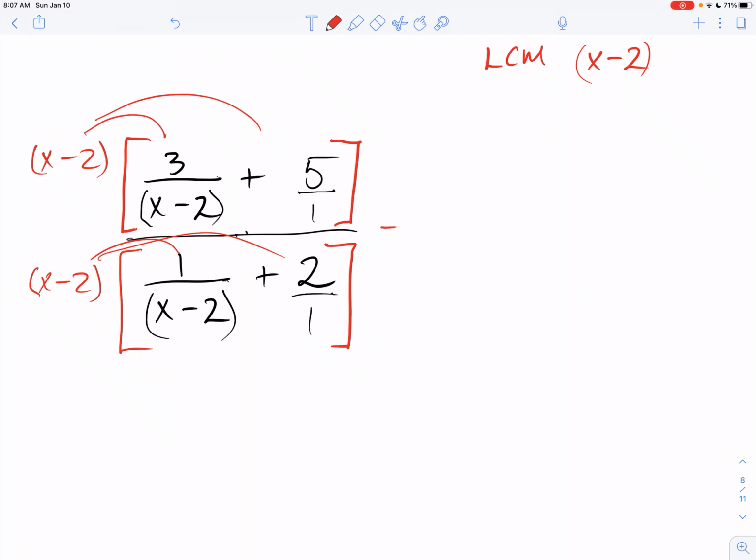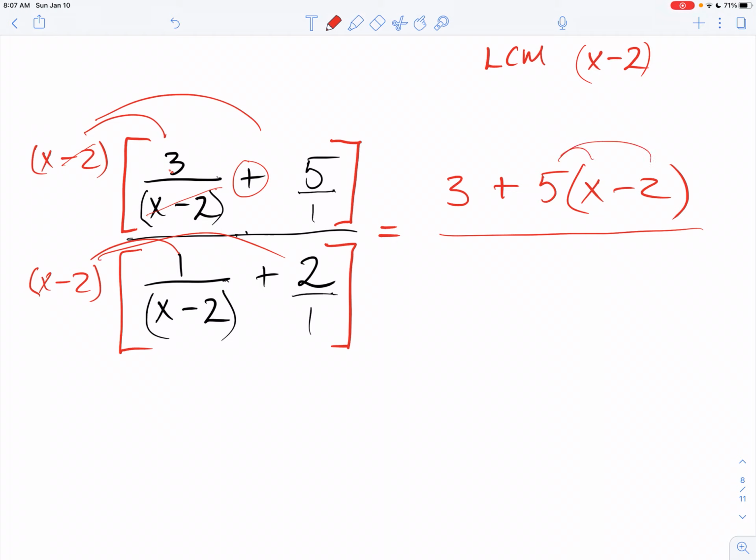So, what's it going to equal? Well, in the top, the first part here, if I distribute it, this is going to knock out this. I'll get left with 3. Plus, because I have a plus sign, I'm going to get 5 times this, because in the second part, it wouldn't cancel. Well, is the top part completely pretty yet? No, this is not pretty because I could clean this up.